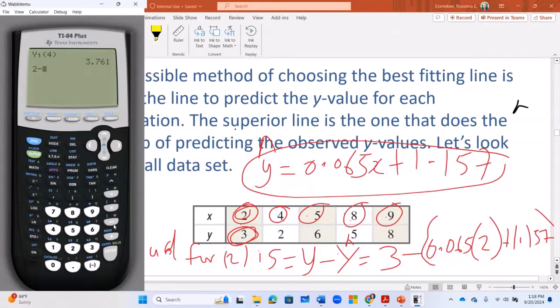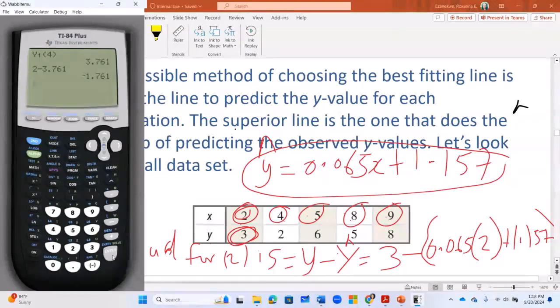So 2 minus 3.761. Therefore, the residual for 4 is negative 1.761. All right. So I can keep on doing them one by one until I get a residual for each one of them.